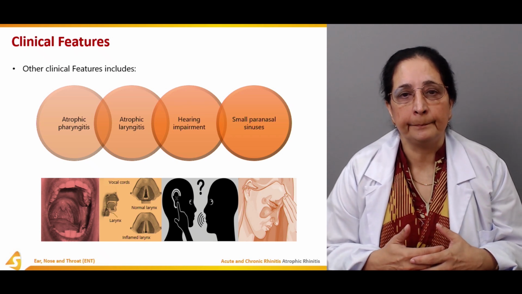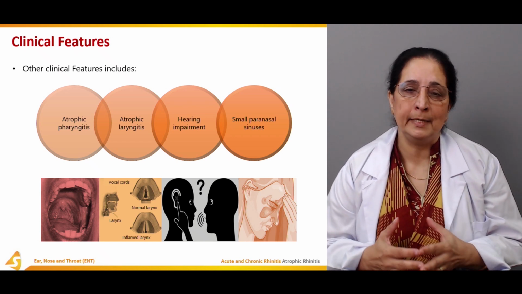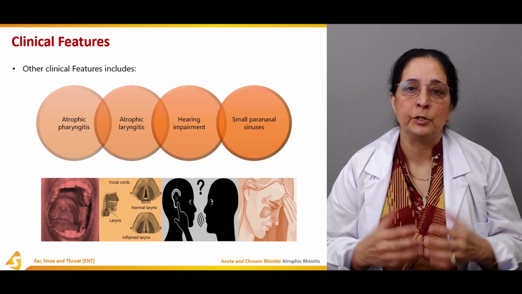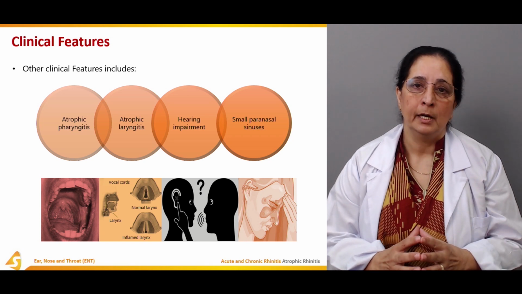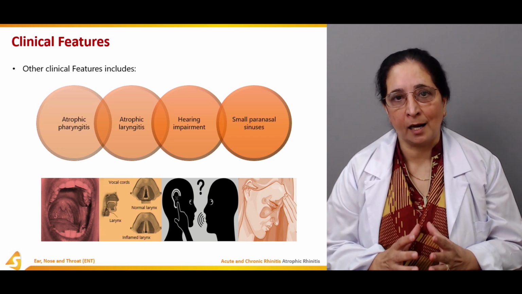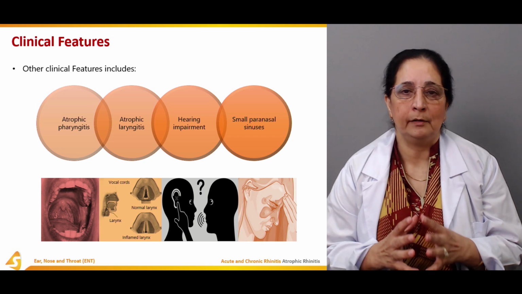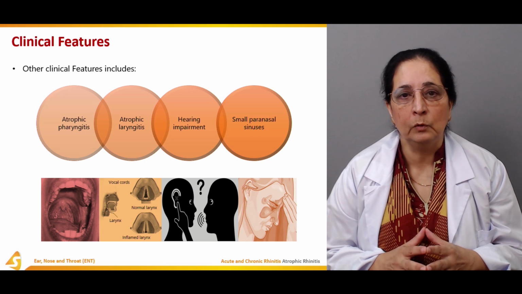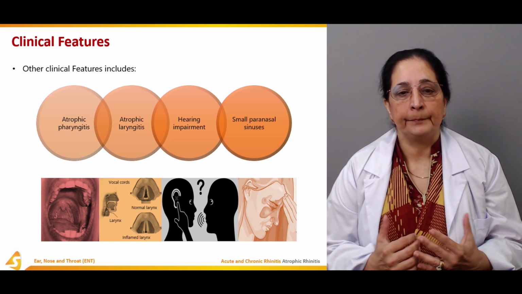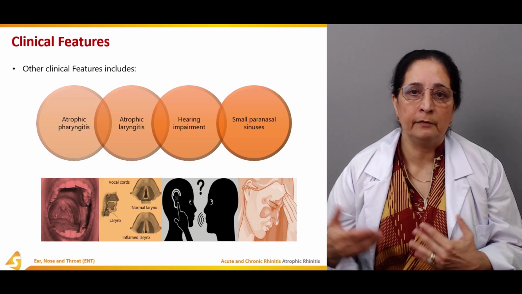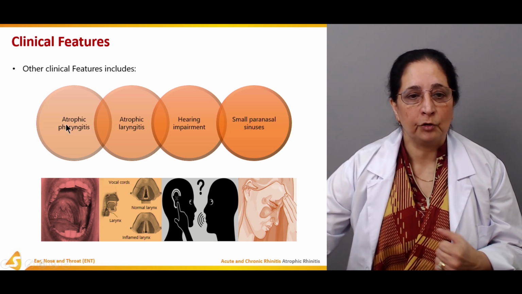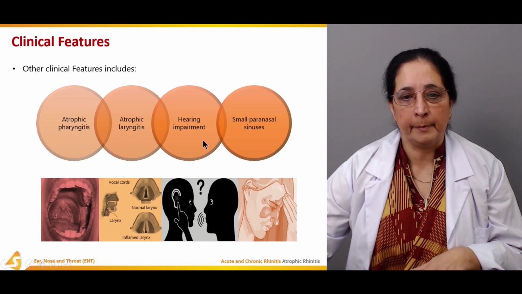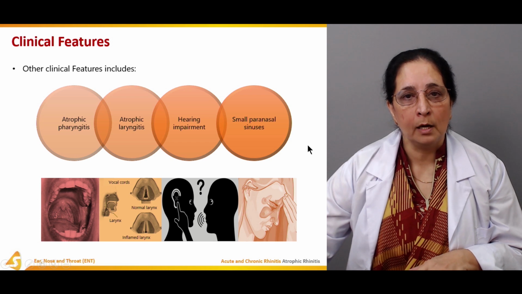They are more common in females, who develop it at the age of puberty, and this is associated with formation of foul-smelling, hard crusts. When they are removed, there is epistaxis or bleeding from the nose. Usually it is associated with other features like atrophic pharyngitis, laryngitis, hearing impairment, and small paranasal sinuses.